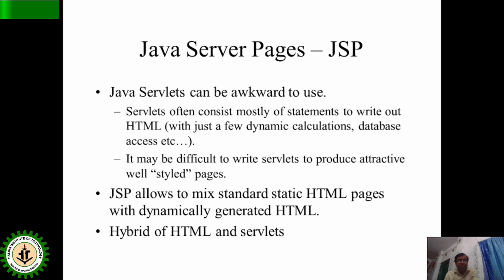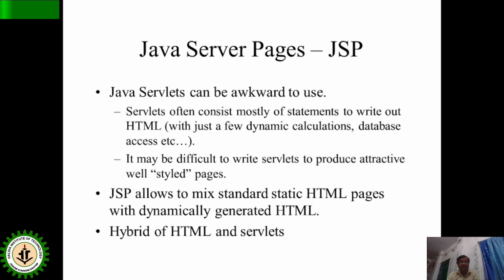Then another important topic is JSP, Java Server Pages. Once a servlet works, JSP is the de facto component that comes with the servlet. The Java Server Page is the display component of your servlet. It is a hybrid of your HTML and core Java code.